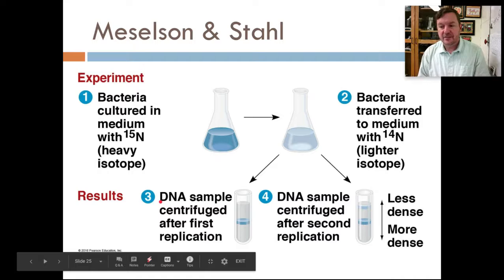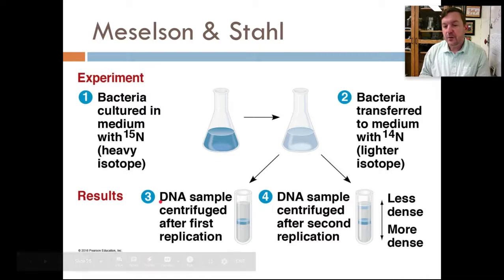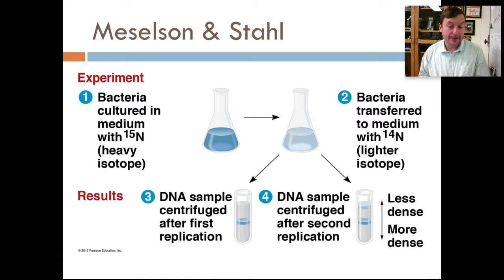Meselson and Stahl were the ones that answered this question by radio labeling DNA in their bacterial cultures. They gave them these radio labeled DNA strands, and then they let them reproduce.